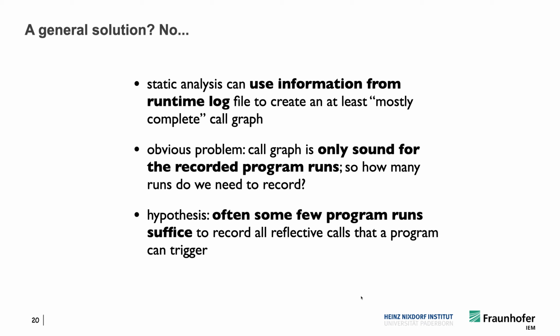So that means you do get some guarantee. The guarantee is if you have exercised a certain set of program runs during the playout phase, then you are guaranteed that the static analysis gives you sound results with respect to these particular program runs.